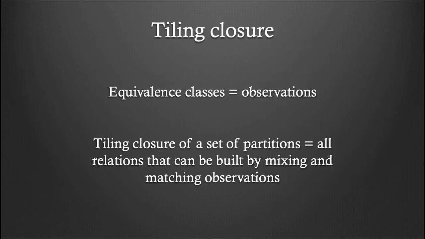So, tiling closure of a set of equivalence relations. The idea here is that we are thinking of equivalence relations in terms of their equivalence classes. And we can think of equivalence classes as possible observations that are made about the equivalence relations. Tiling closure of a set of equivalence relations or partitions corresponds to all the relations that can be built by mixing together the equivalence classes, the possible observations that they represent.